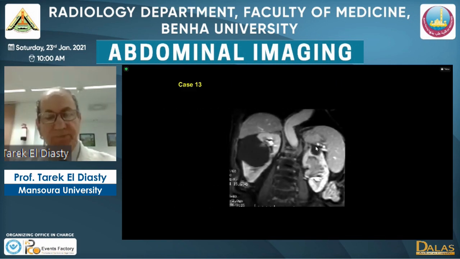This is just one image to get your suggestion about this patient with hematuria. This is a post-contrast coronal MR image, and here we can see a large renal cyst and a small renal cyst.